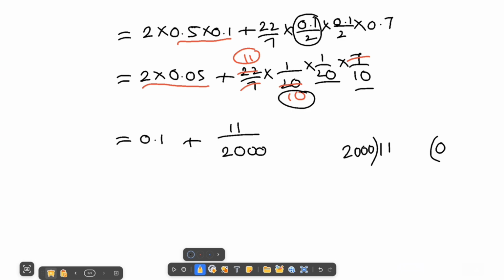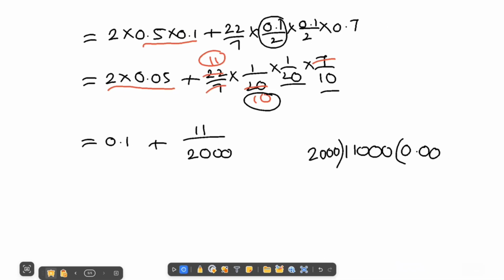If you put 0.0, and write one more 0 here, still it is 1100 only. One more 0, it is 11,000. So 2000 times 5 is 10,000. Now we'll have 1000 here.